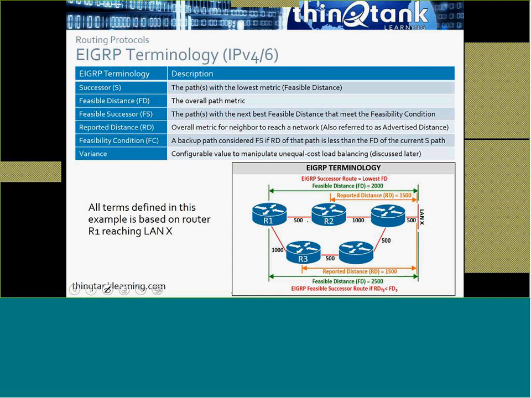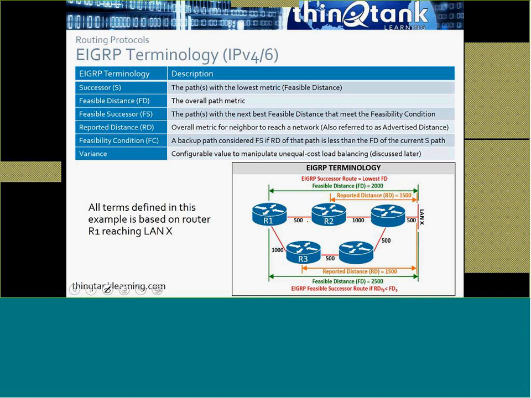So anytime there's a topology change, we're constantly evaluating this. Even if a new path comes online that didn't exist before, even if it doesn't beat out the successor, it still gets evaluated. It still goes in the topology table. We still try to identify whether or not that path meets conditions and so on.